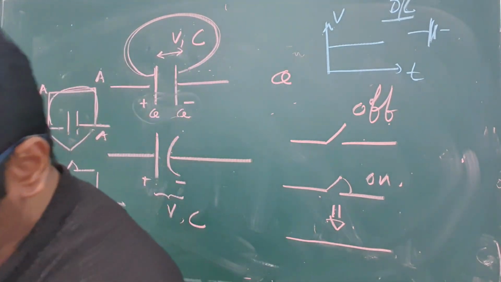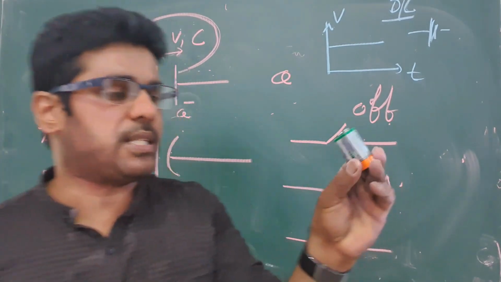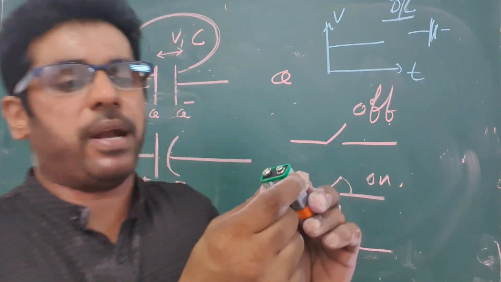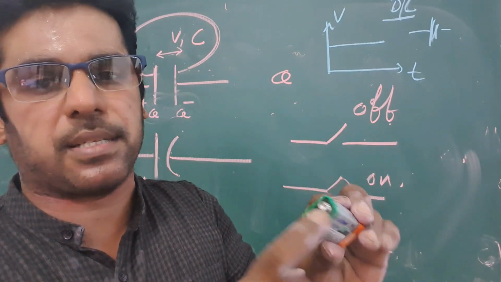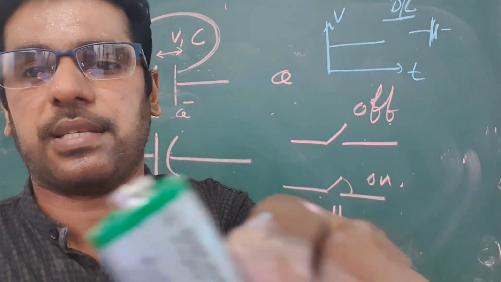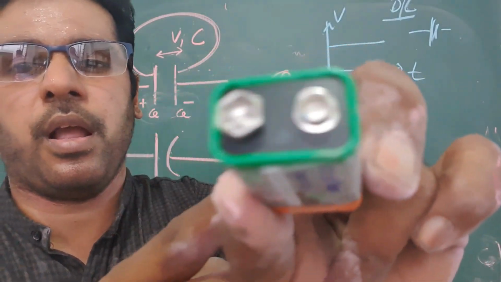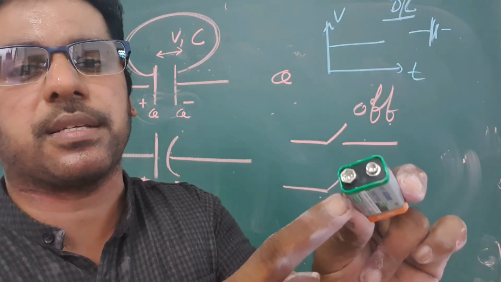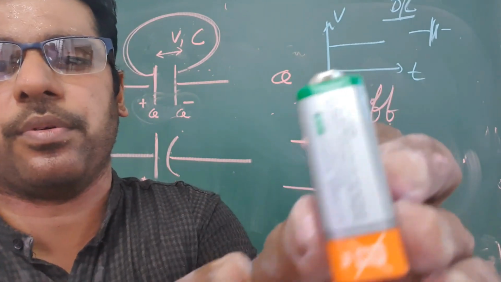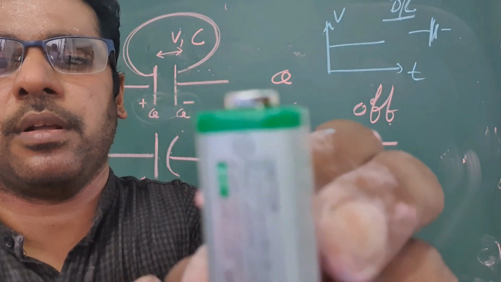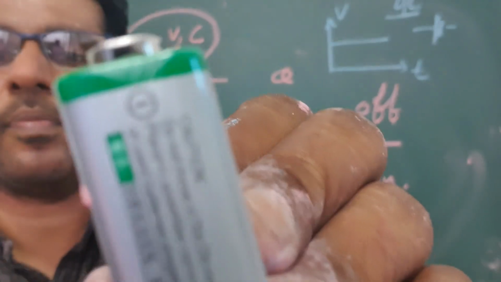Right. Now I am going to charge this one. You can see this is a 9-volt battery. In the 9-volt battery, this cylindrical shape is a plus. This hexagon type is a minus.